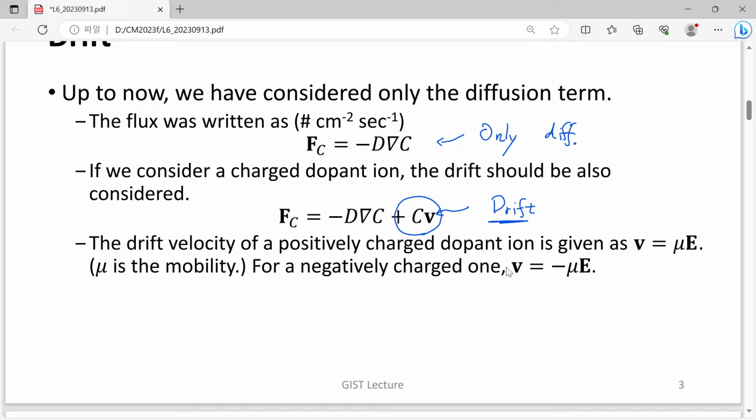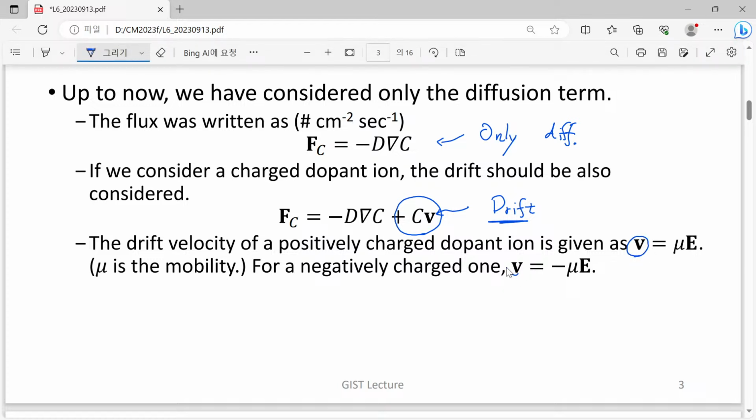So here we have two different directions of our drift velocity. When our particle is positively charged, the dopant ions move aligned with the electric field.